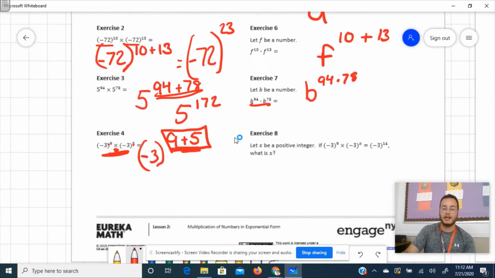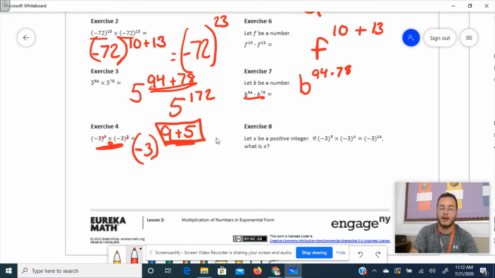And then exercise 8, let X be a positive integer. If -3 to the 9th power times -3 to the X equals -3 to the 14th power, what is X? So we kind of have a first taste of algebra already in this lesson.